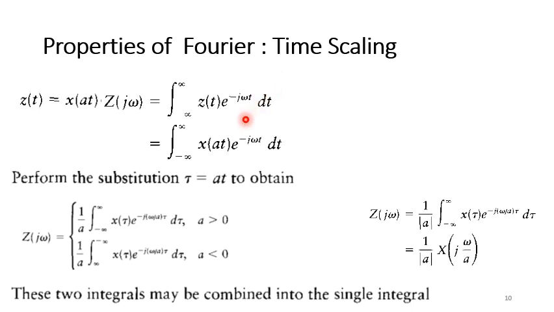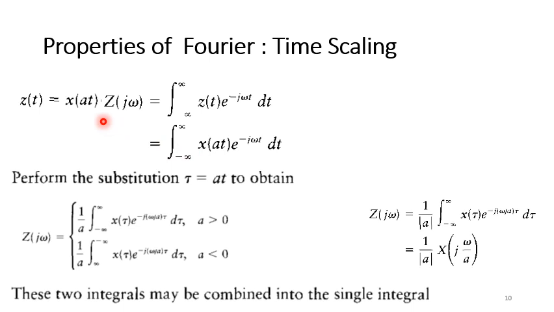If the scaling factor a is greater than 1, the resulting signal will be a compressed version of the original signal, and if a is between 0 and 1, then the resulting signal will be a stretched version of the input signal, and how much stretching depends on the exact value of a, right?